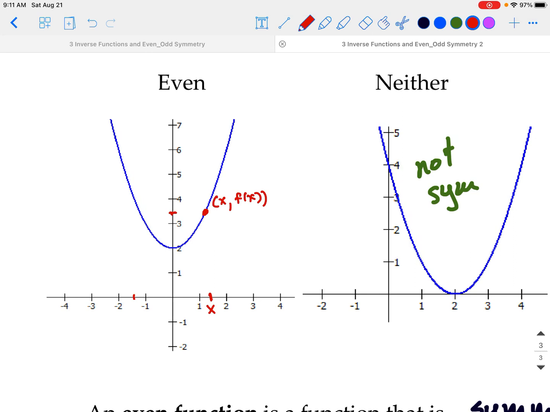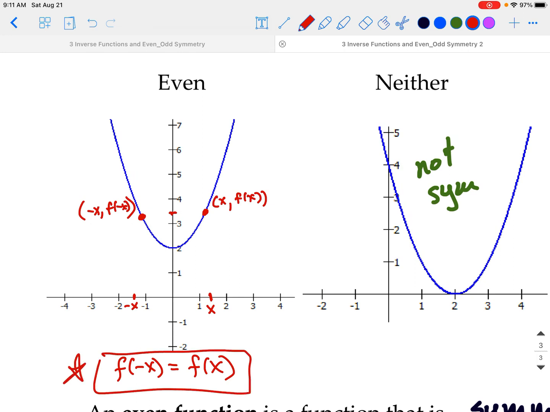And if I were to take its exact opposite, so negative x, and I were to map it, it's going to map to negative x, f of negative x. And what we'll notice is those values are the same. So in other words, f of negative x, that y value on the left, is equal to f of x, that value on the right. So that is going to be our algebraic check. We're going to test f of negative x and show that it's equivalent to f of x.